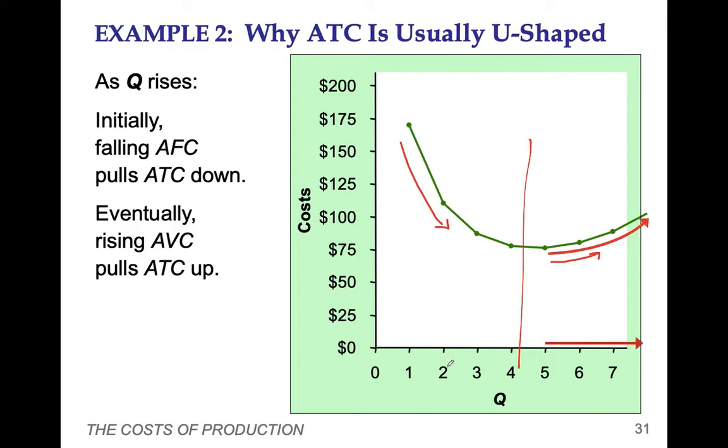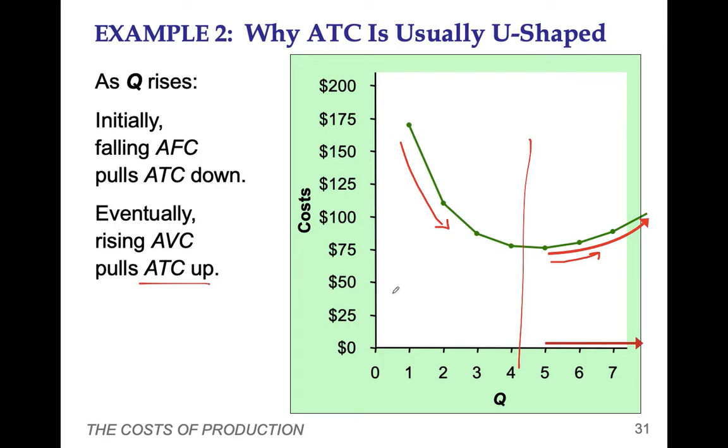After that, as we remember from the data, after the fourth unit the average variable costs start to go up. And this increase in the average variable cost, which is also a part of the average total cost, will pull the average total cost up.